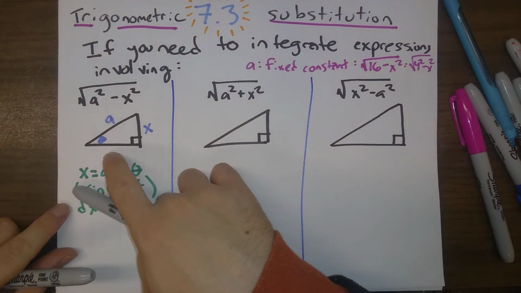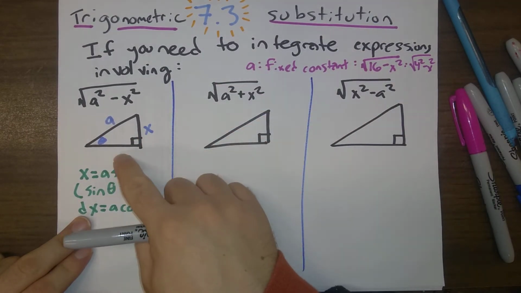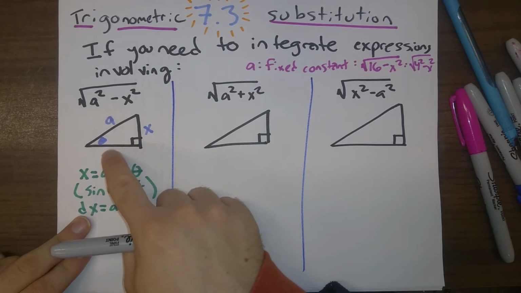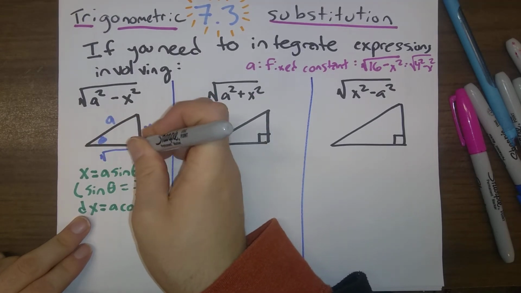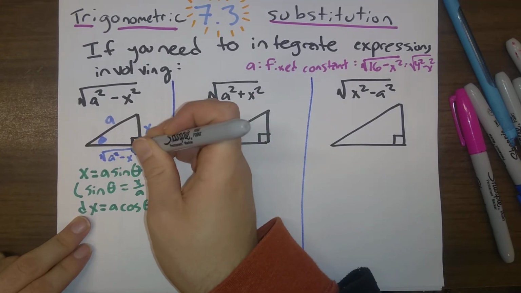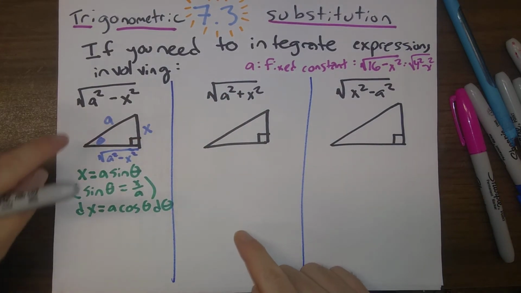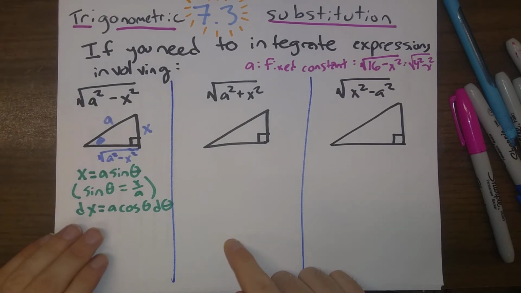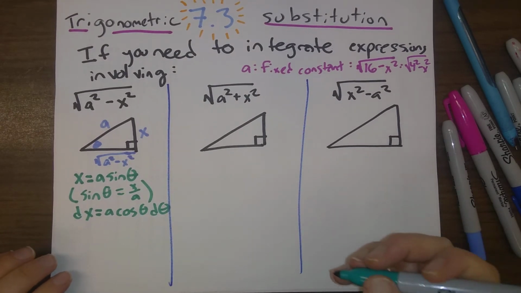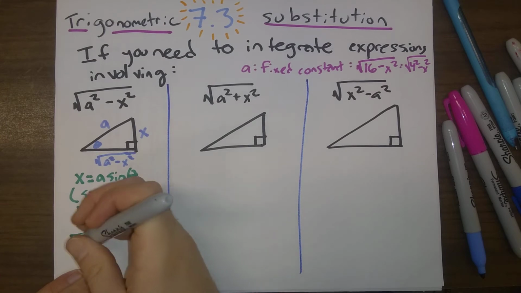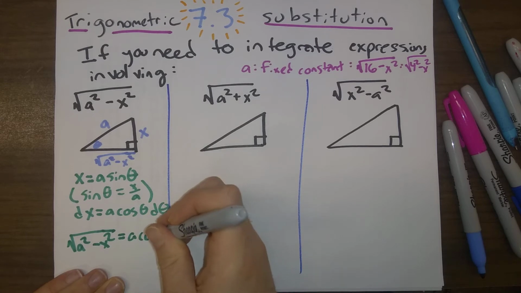If you think about what the other leg has to be, by the Pythagorean theorem, the length here squared plus x squared is equal to a squared, and solving that means that side length is exactly the square root of a squared minus x squared, which is the quantity that we wanted to deal with in the first place. And so a little bit of thought will show us that the square root of a squared minus x squared is equal to a cosine theta.